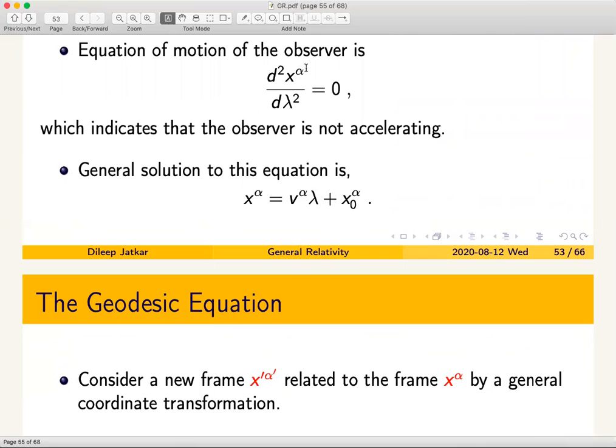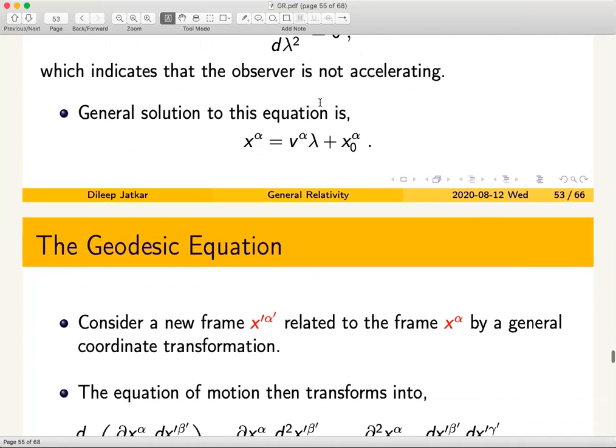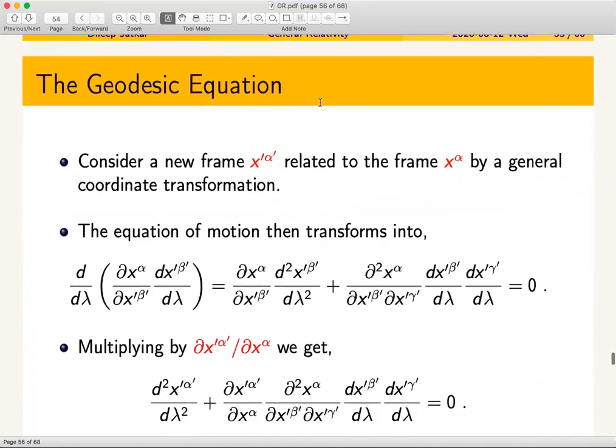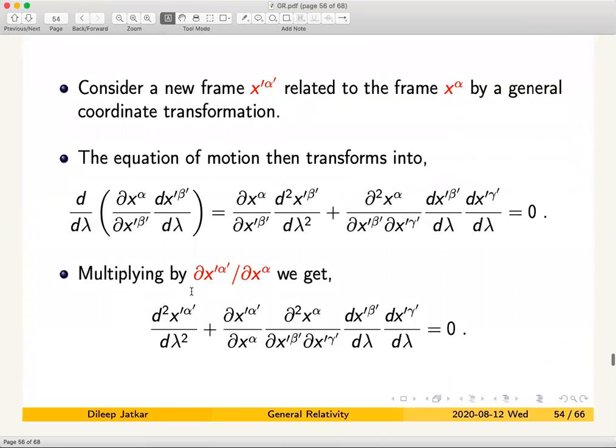This was a Lorentz invariant statement, and therefore we started off with this, but instead of doing a Lorentz transformation, what we are doing is a general coordinate transformation. If you do that, we find that the equation which was Lorentz invariant in the special relativistic setup is not form invariant at all, and it changed to this form.